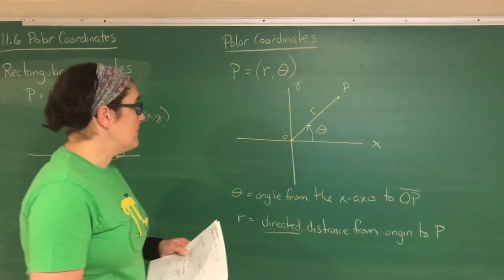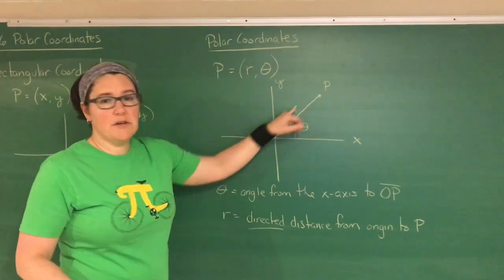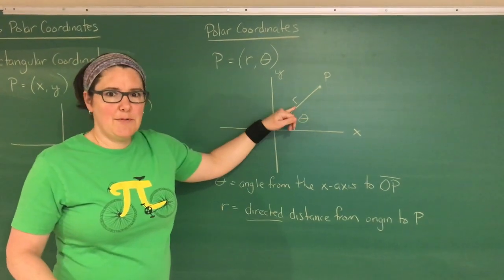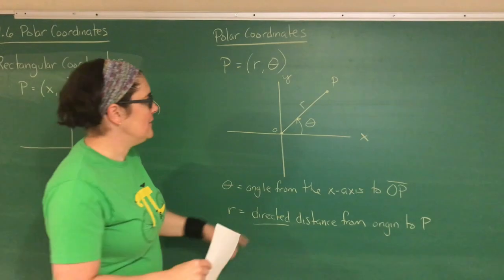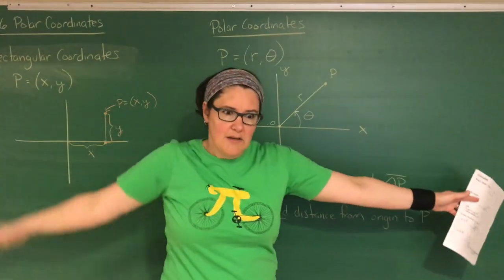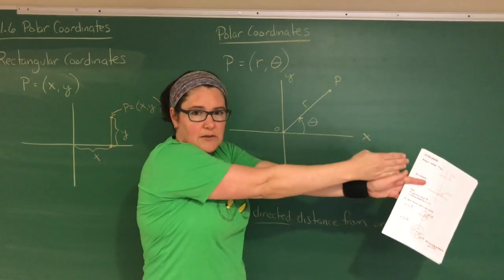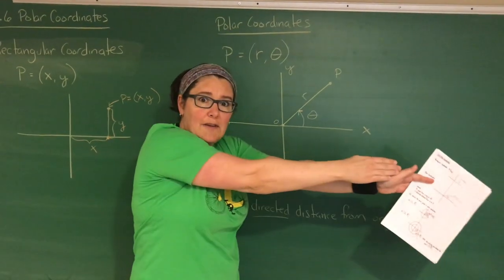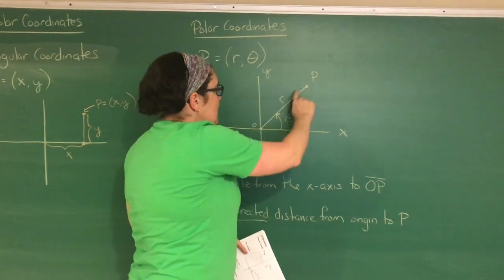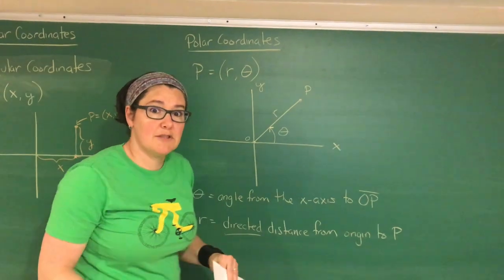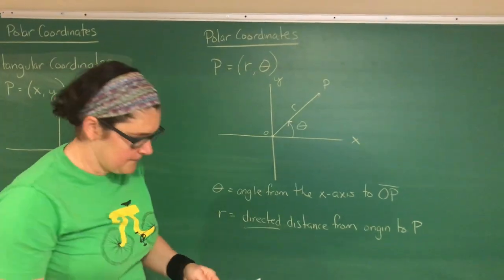For now, think of r as the distance from the origin out to the point P. Now, these two labels are labels that you've seen a lot this semester. You've seen this angle of theta, which is measured from the positive x-axis, and then we swing either in a counterclockwise direction for a positive angle or a clockwise direction for a negative angle. And we had this measurement from the origin out to a point, and that was our r value, which we thought of as our radius or as our hypotenuse.